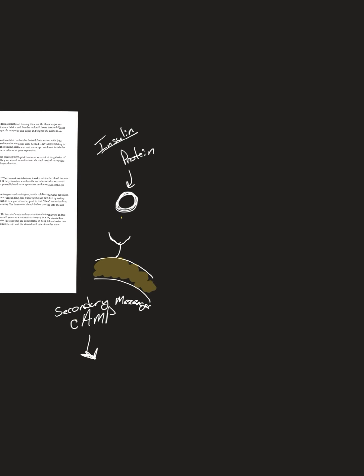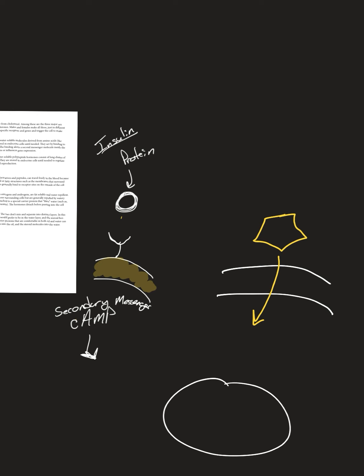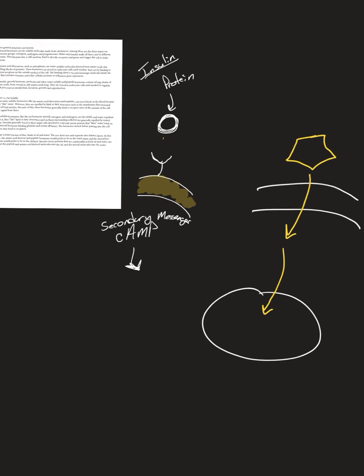Steroid hormones don't need that necessarily. They may have a secondary messenger involved in their pathway, but the key to a steroid hormone is that it doesn't need a receptor. It can go right through the membrane and find its way right into the nucleus of the cell without too much trouble and do its impact fairly directly.